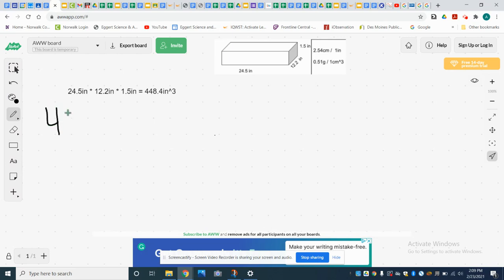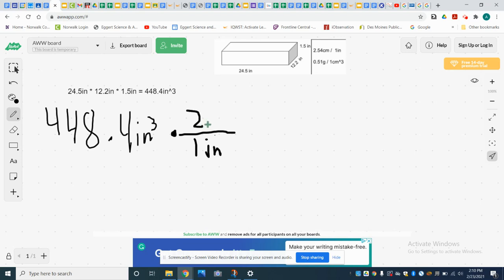So 448.4 inches cubed, multiplied by 1 inch in the denominator.